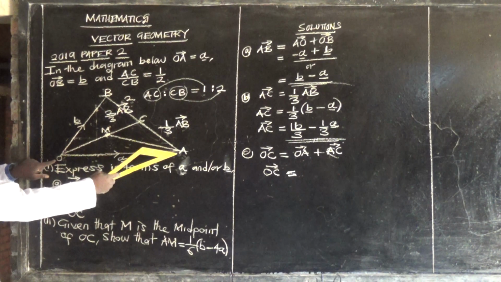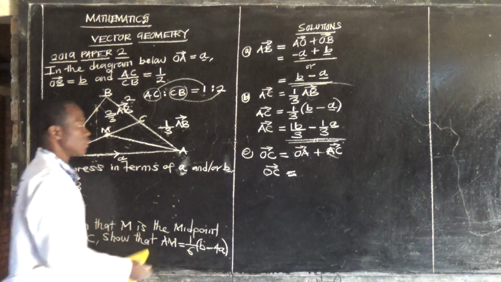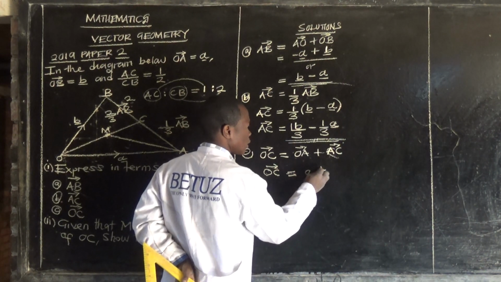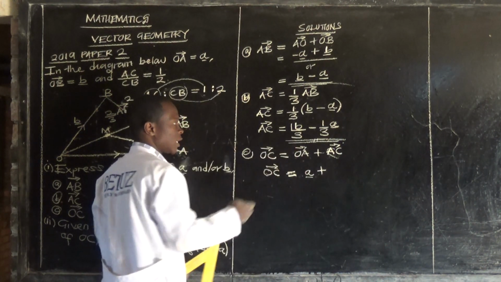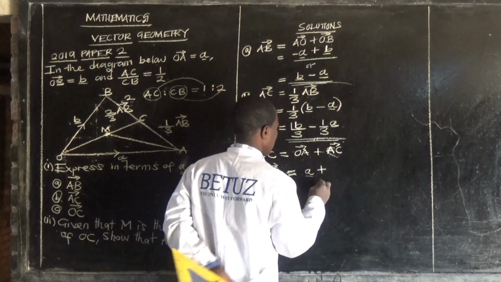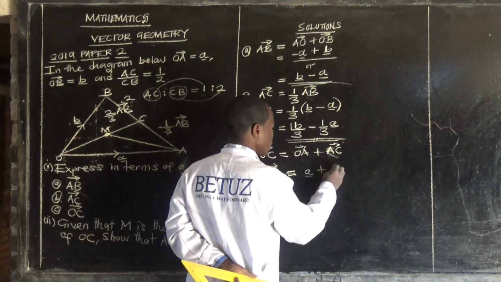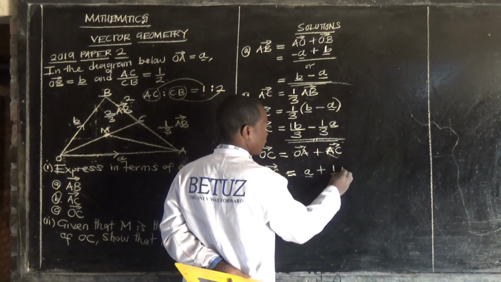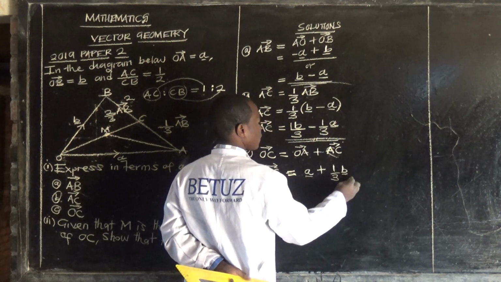From O to A, this is A. Just say A plus, what is our AC? This is our AC. So our AC is 1 over 3 vector B.